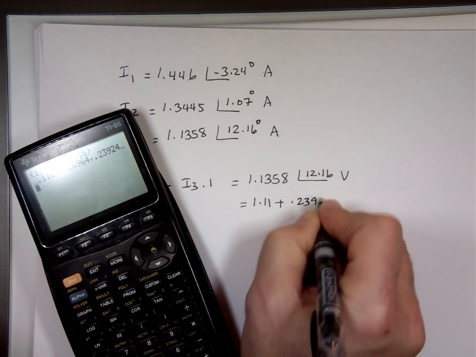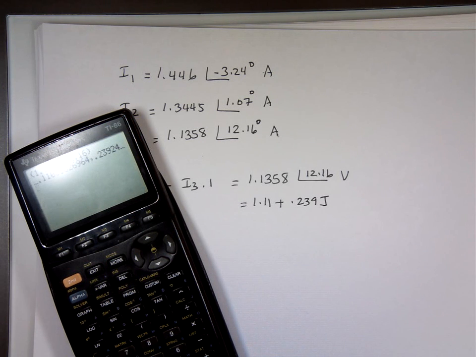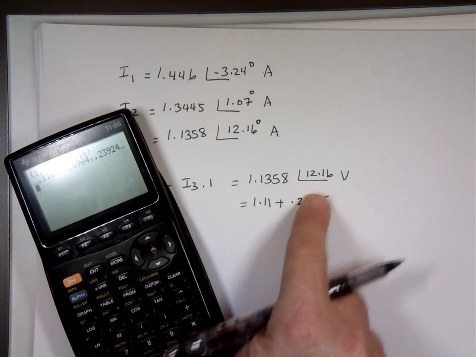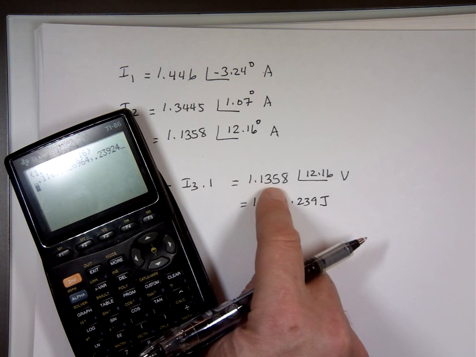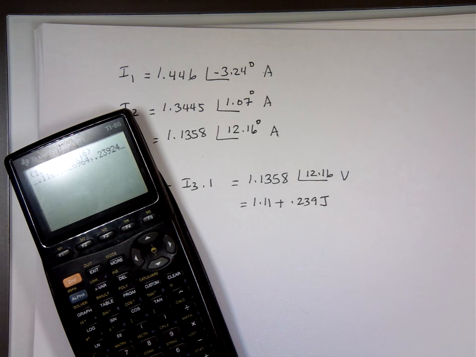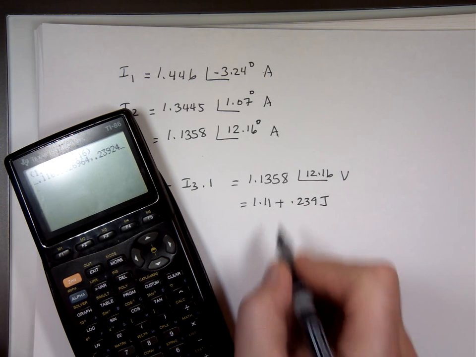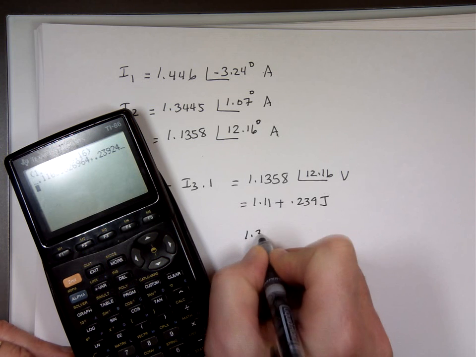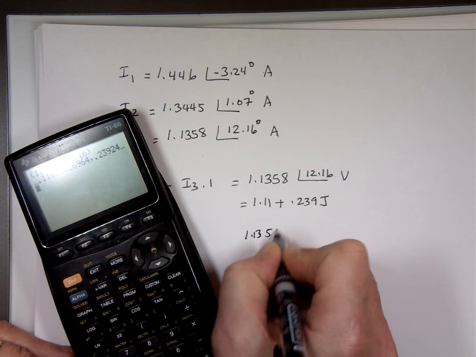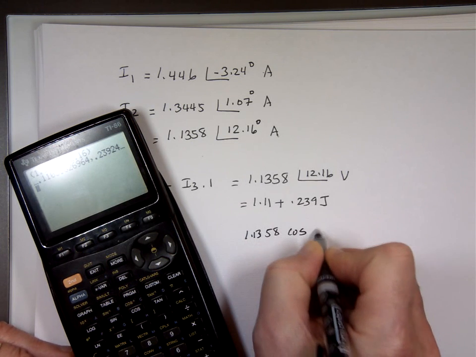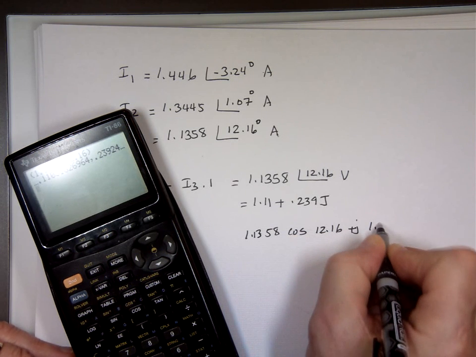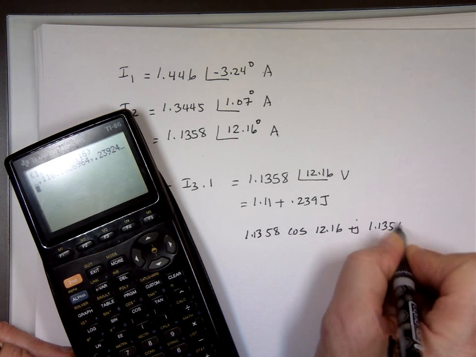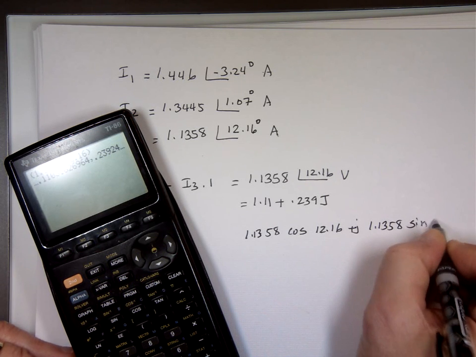Or you could have done it yourself by saying 1.1358 cosine 12.16 plus J 1.1358 sine 12.16. So if you don't have a calculator that does that, you can go 1.1358 cosine the 12.16 plus J 1.1358 sine 12.16.